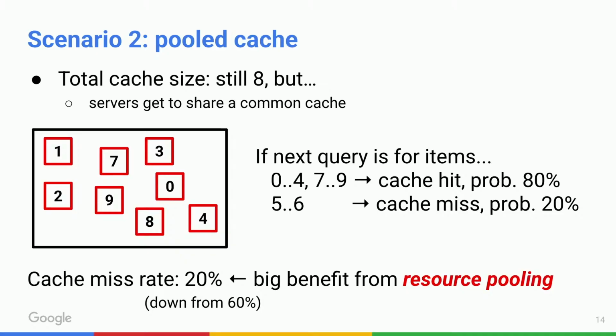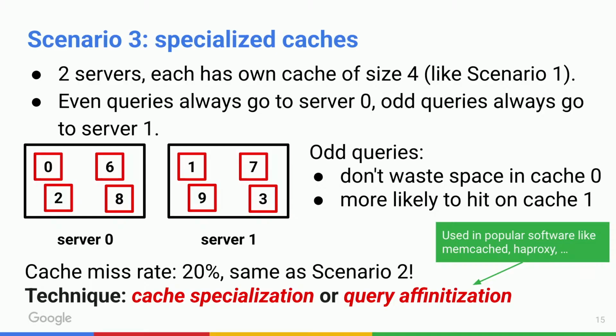And so for the next slide, I'm going to talk about how cache affinity can sort of simulate resource pooling, right? So if you have 2 servers, this is the same as the first one, except they're going to change what the load balancer is doing. The load balancer is going to send all even-numbered queries here and all odd-numbered queries here. Okay? So now you've got 4 out of the 5 even-numbered queries here. So when an even query comes in, you only have a cache miss probability of 20%, and same for the odd queries.